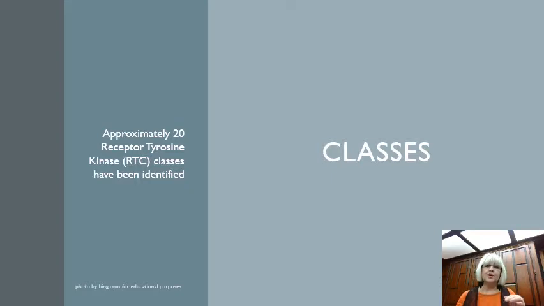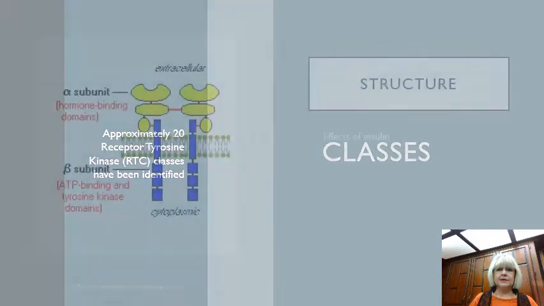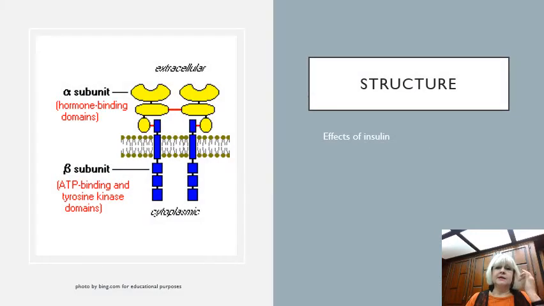There are approximately 20 different receptor tyrosine kinase classes that have been identified. Some of the bigger ones: class 1 are the EGF receptors, or the ERB family. And I'm going to just start calling them RTKs.